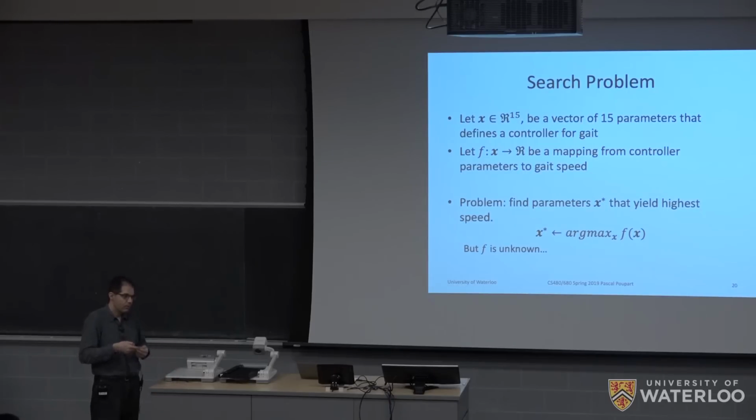And here we want to find a setting that maximizes the speed. So there is an implicit underlying function f that takes as input a setting of the parameters and outputs a speed. And now we'd like to discover what that function is, and more than that, find which x maximizes this function.